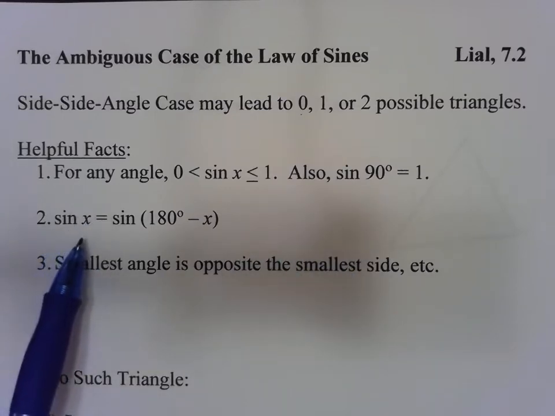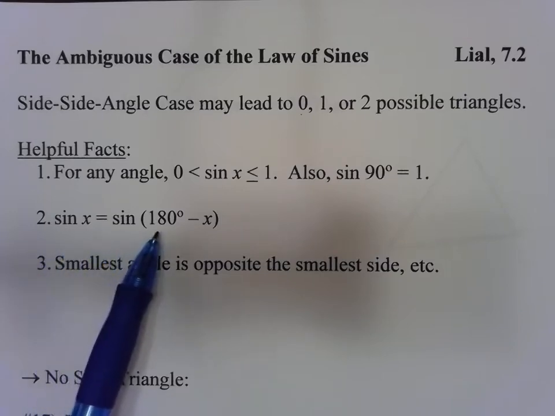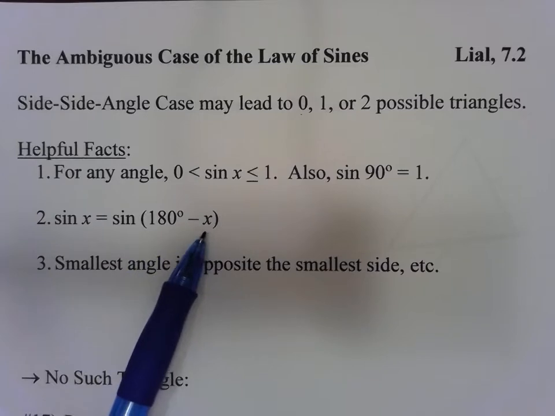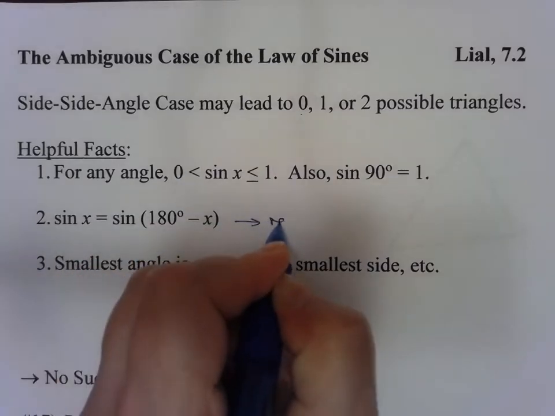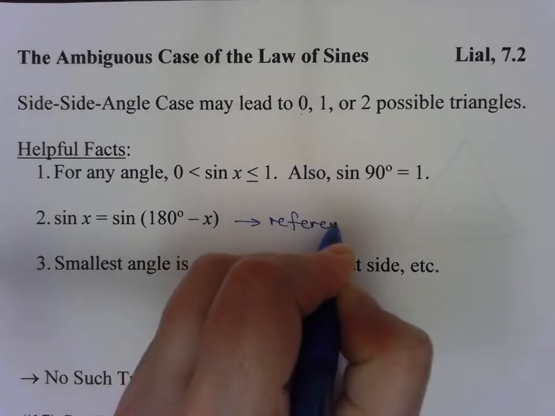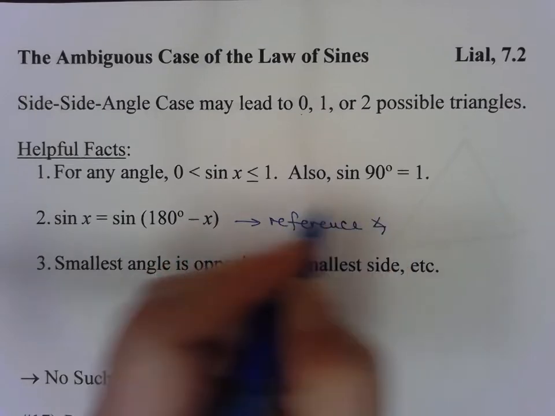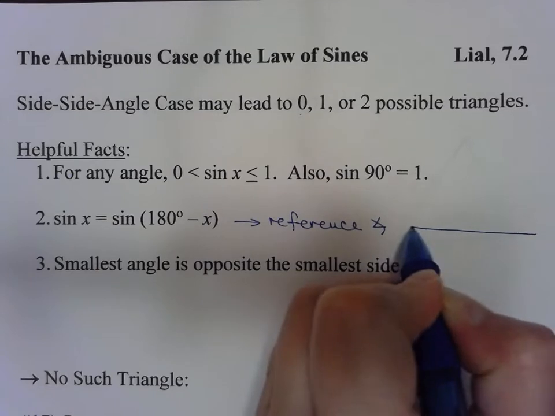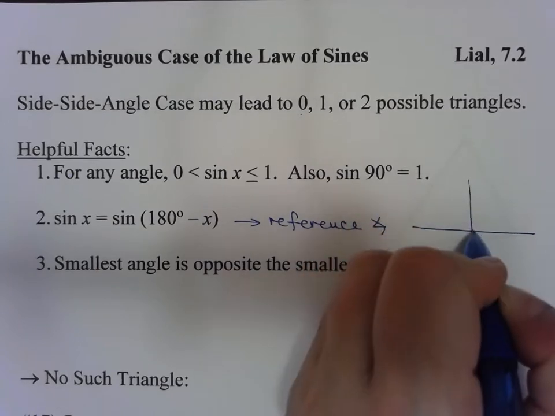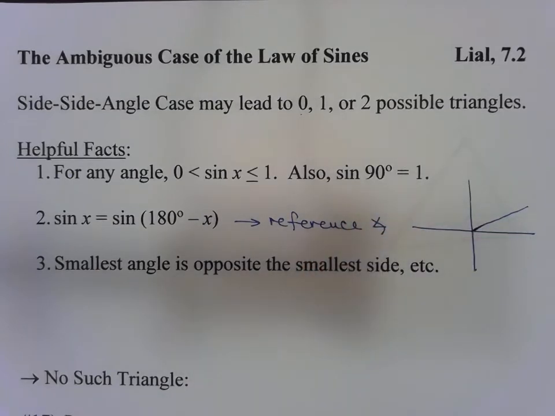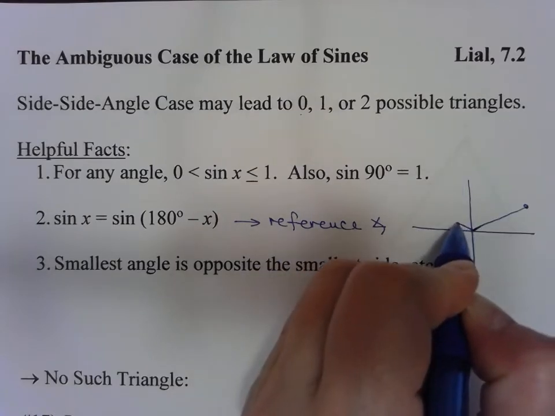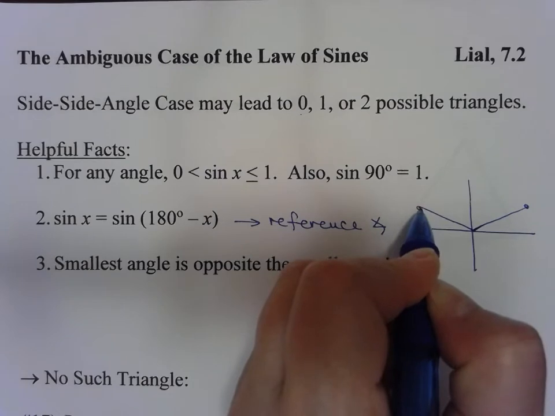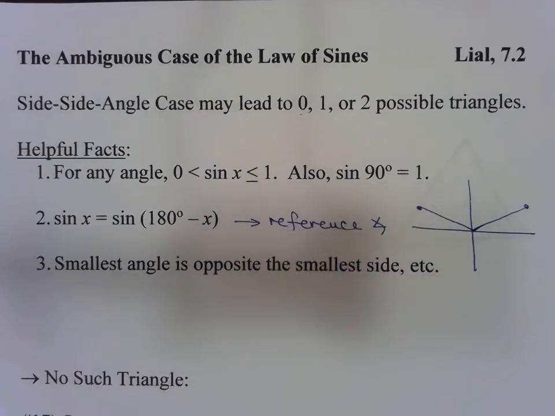The second fact is that the sine of an angle is also equal to the sine of 180 minus that angle. This is talking about a reference angle. Let's draw a picture. If I have an angle right over here, the sine value on the unit circle is going to be the same as the value of the sine on this side of the unit circle.